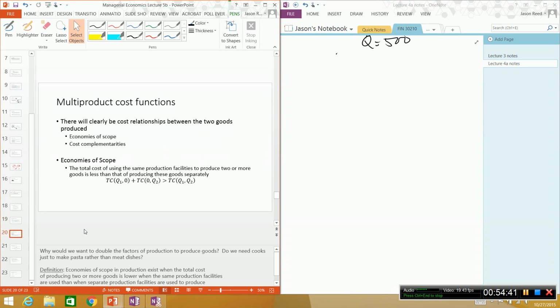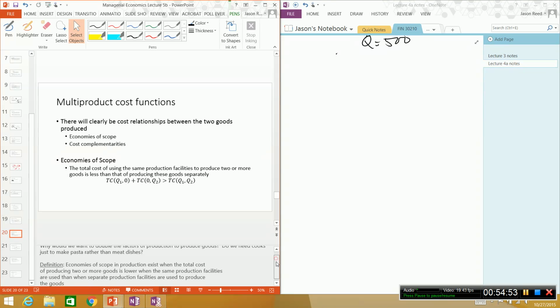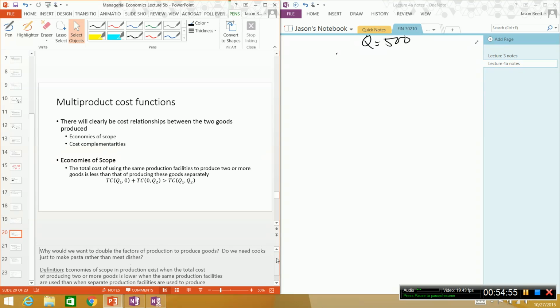So how can we look at this? Well, we can look at the multi-product cost function in two ways. Are there economies of scope, and are there cost complementarities? What does that mean? So economies of scope essentially says, do we need to, or would we want to, double the factors of production to produce goods? Right? Do we need cooks just to make pasta rather than meat dishes?